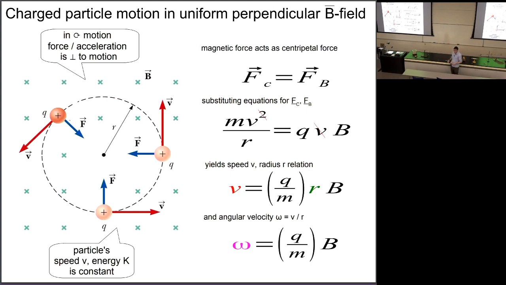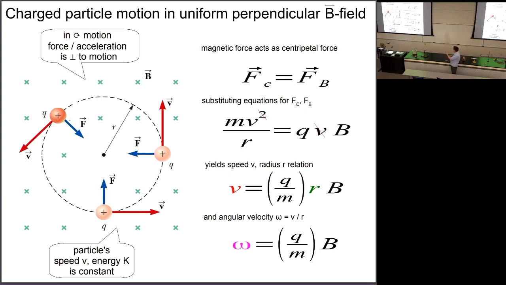I remembered, because I've just been talking about it, the field equation. So I filled in the equation for the magnetic force for a single moving charged particle. So it's qvB. It would be qvB sine theta, but here I have this special case of a perpendicular field, so sine 90 is 1.